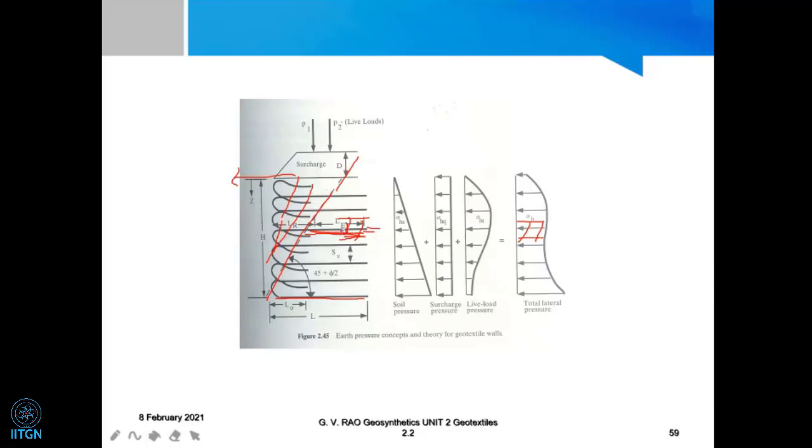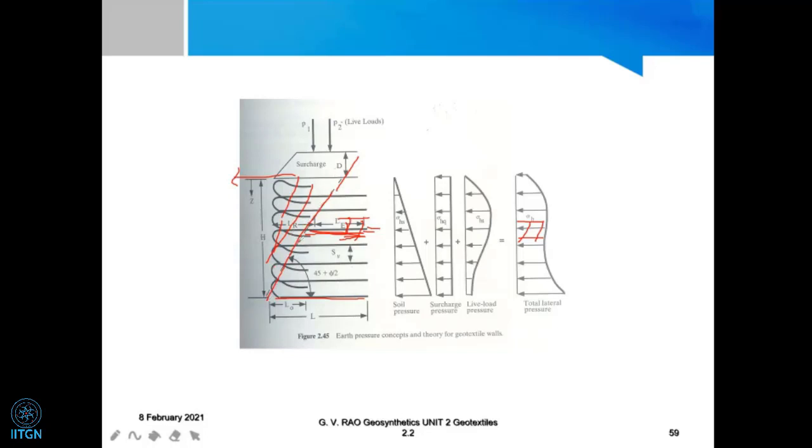So we will have to analyze what is happening at each of these reinforcement levels now. We have to also analyze whether the entire thing is going to fail at once or not. And not only this line, we have to also draw other lines and find out the wedge stability. That means we are going to talk of the stability at each and every individual layer. We are going to talk of many kinds of failure lines, hypothetical lines now.